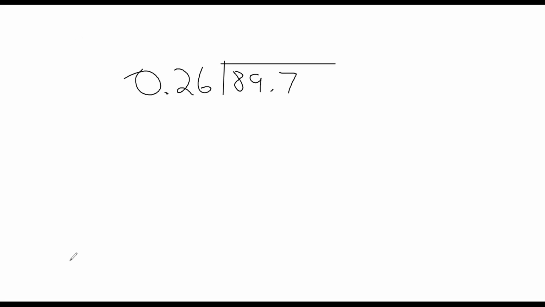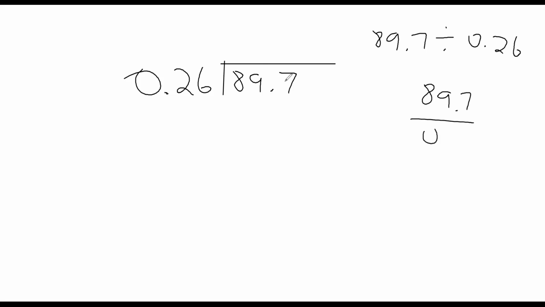Now, I could have written that a different way. If you just had a problem on an exam and it said do 89.7 divided by 0.26, don't freak out. Go and write it here in the old school way, and that's how you can actually deal with the numbers. Or even if I did 89.7 divided by 0.26, don't freak out, calm down, and just write it in this manner.